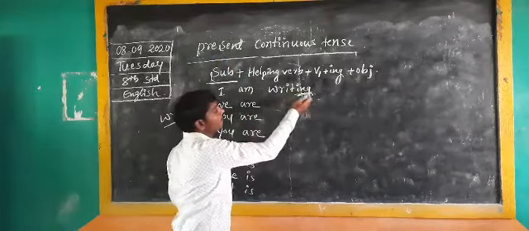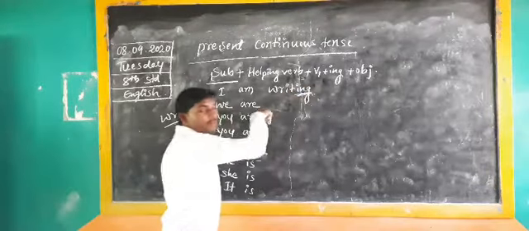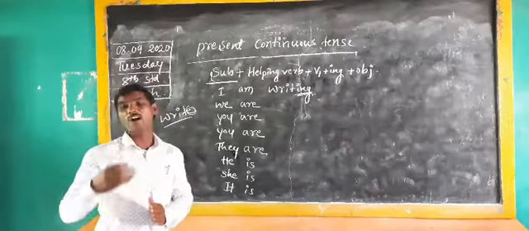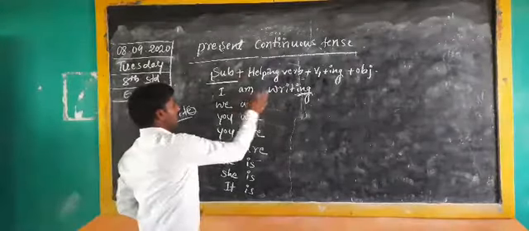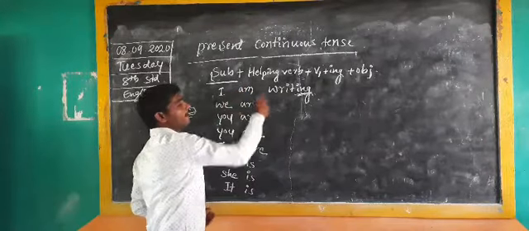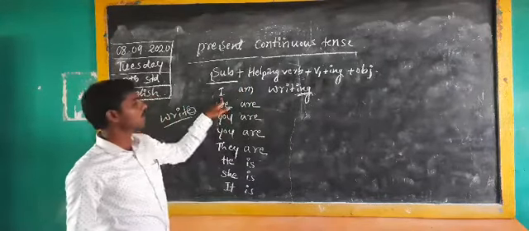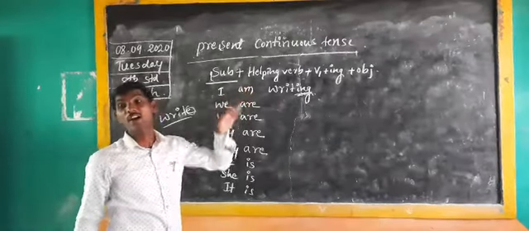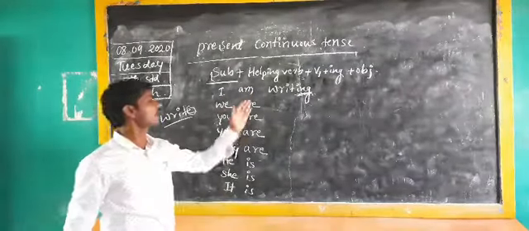Instead of e, we add the ing form because that action is not complete. That action is going on in the present moment. That's why I am writing. This person is doing this action in the present moment, and the action is not complete.